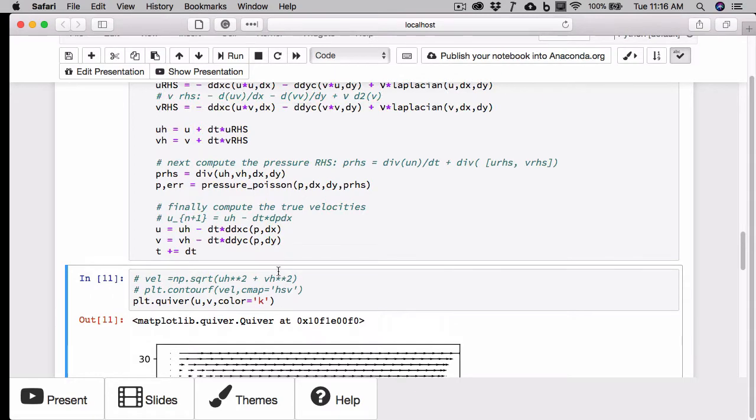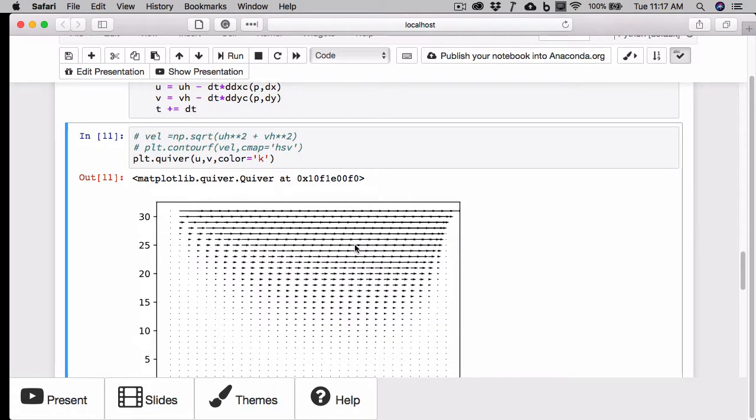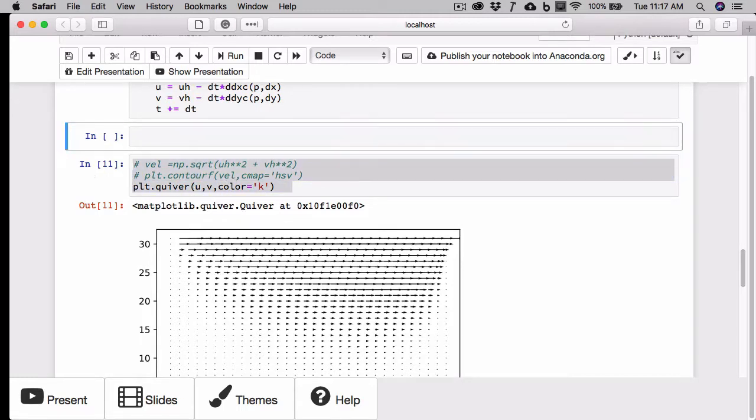Okay, it's ran. Drum roll, what do you think is going to happen? So this was the old vector field. Let's do the new one.